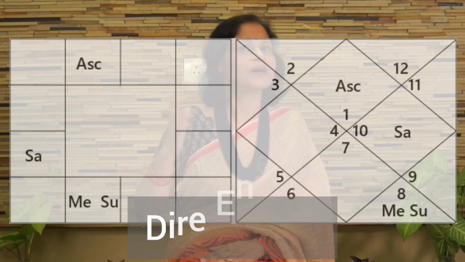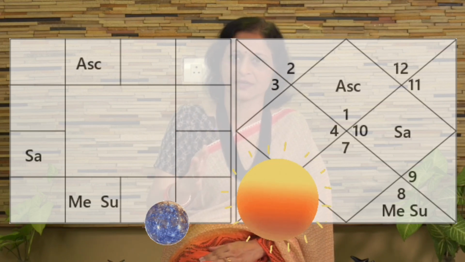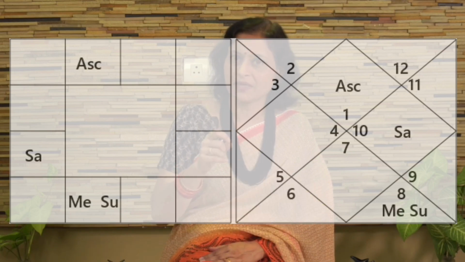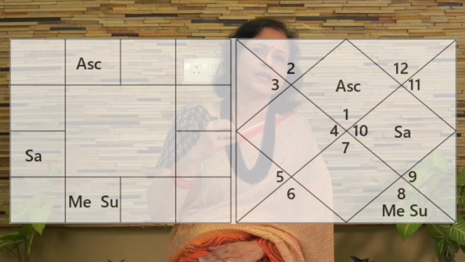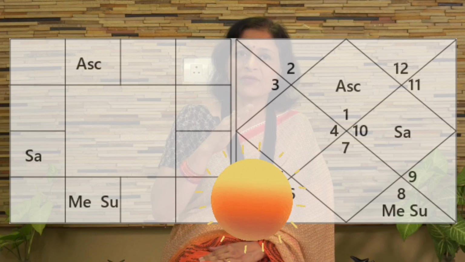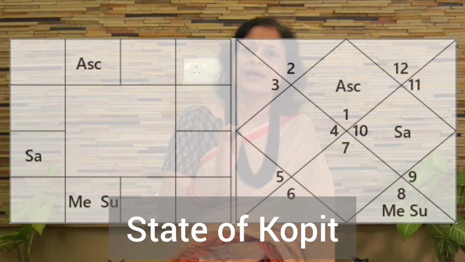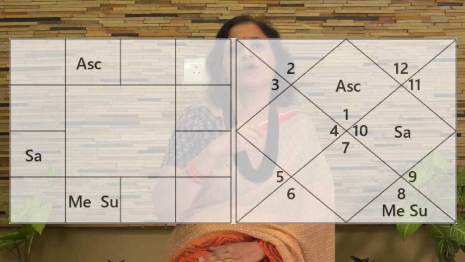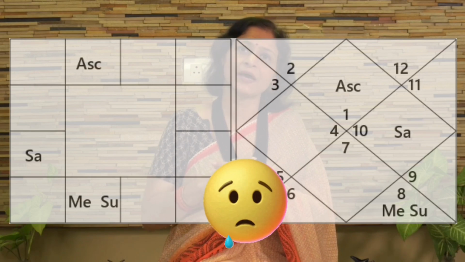And if Mercury and Sun are always together, and it also happens to be very near the Sun, then it is combust. Though it is also said that the rules of combustion do not apply to Mercury, because Mercury is said to be always with the Sun. But I have also found that this is the state of Kopit as well as that of Dukhi, distressed, because it is in its enemy house.